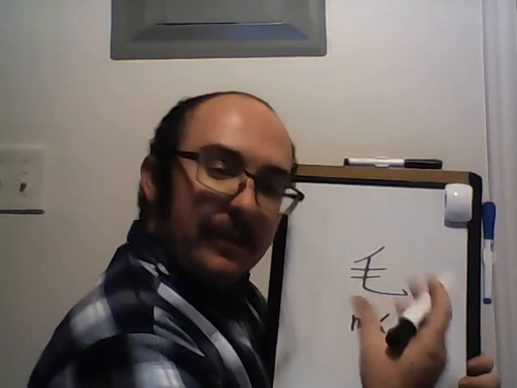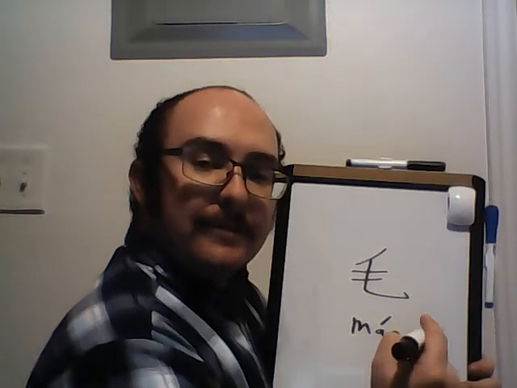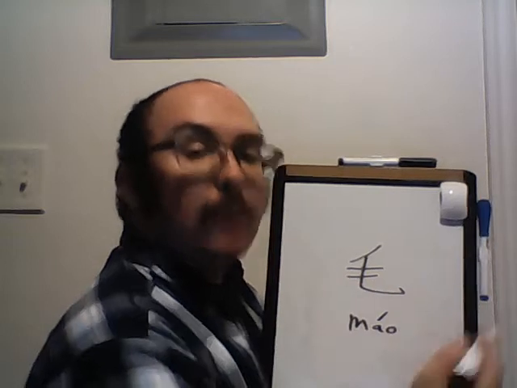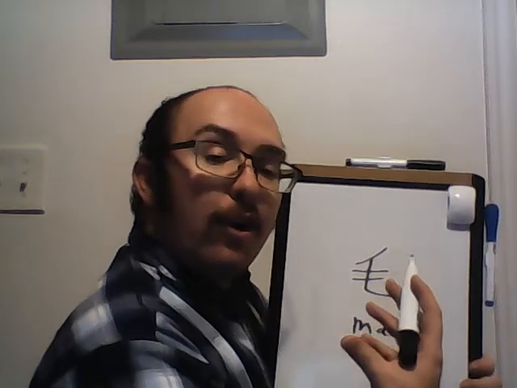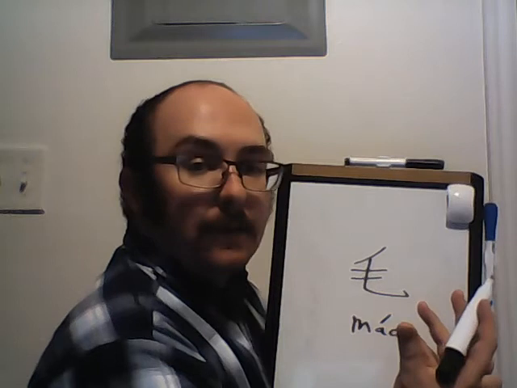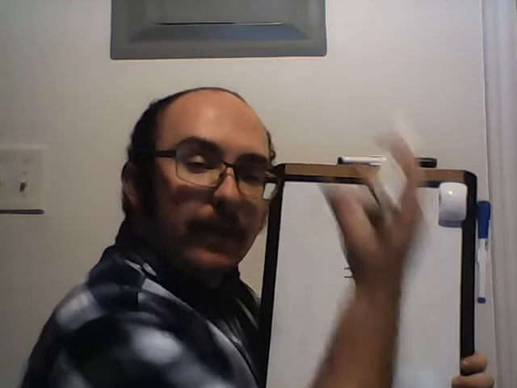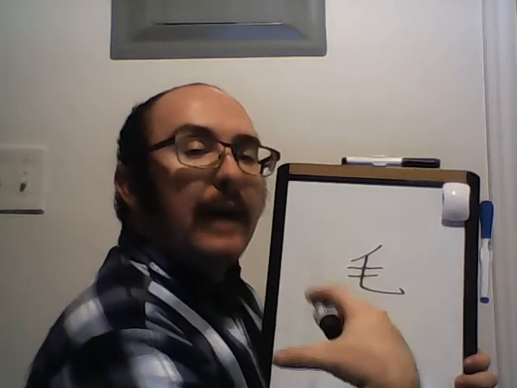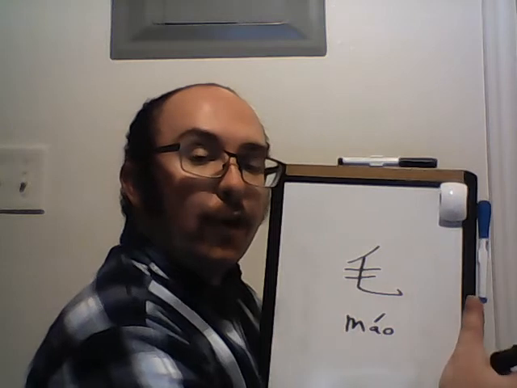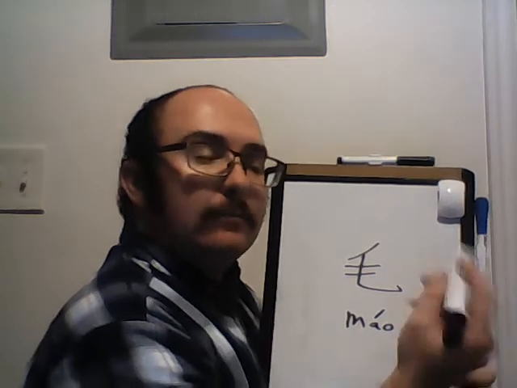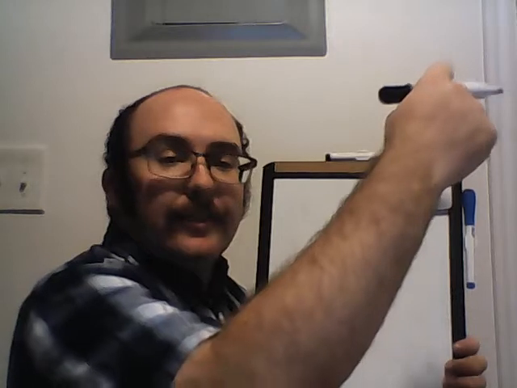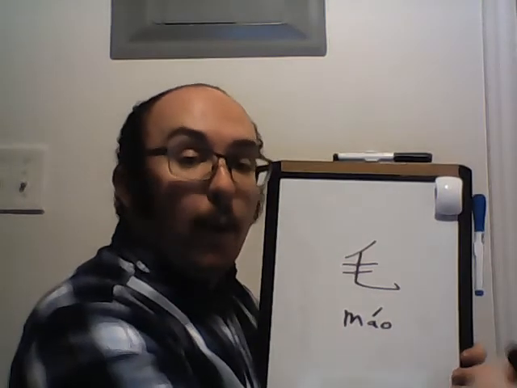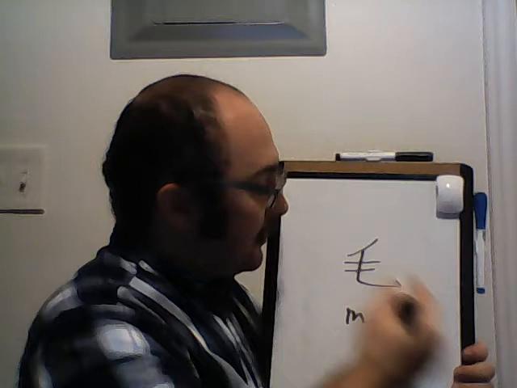I kind of cringe when I hear it said differently in the United States. Mao means fur or body hair. In Chinese, they differentiate between head hair, beard hair, and body hair, and fur. Body hair and fur are kind of the same thing. So it's like, I have a lot of mao. That's what the surname means.